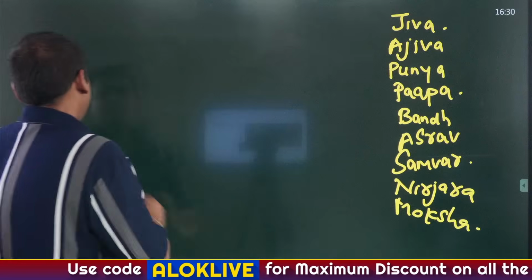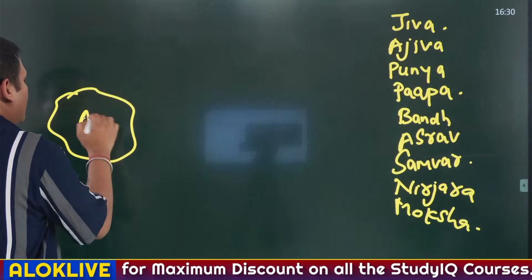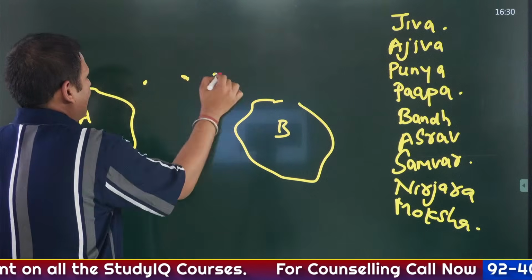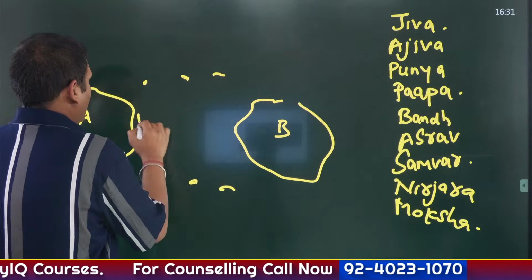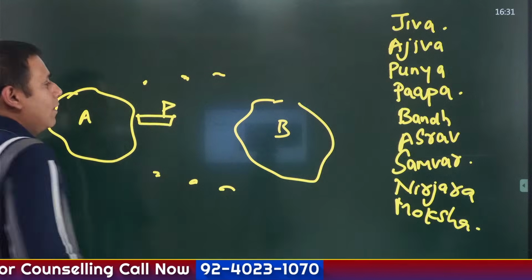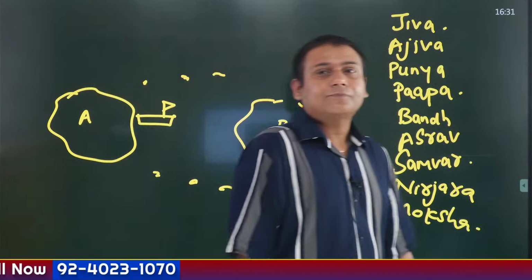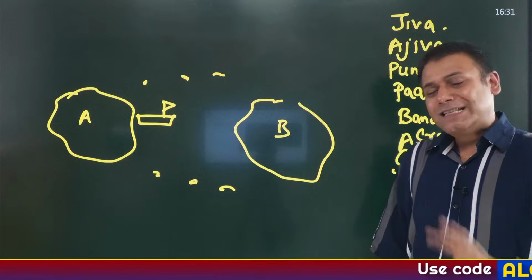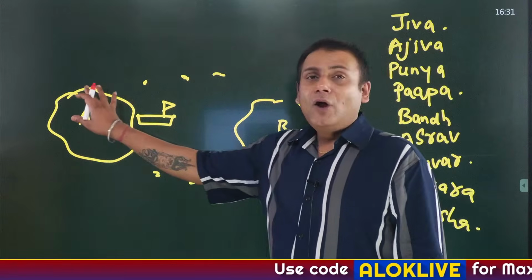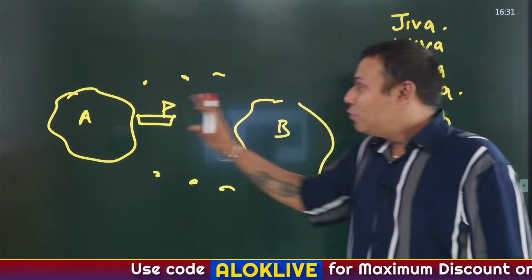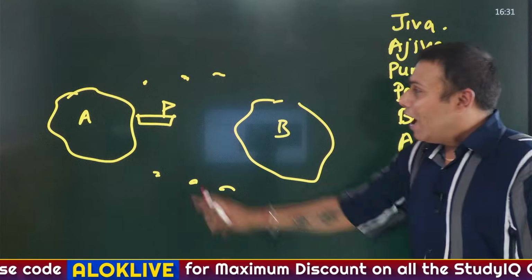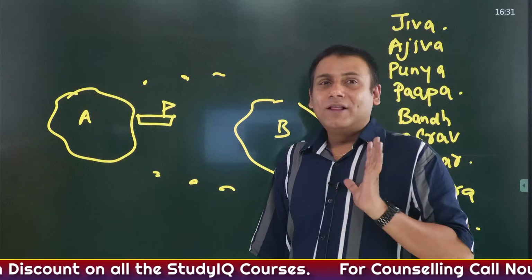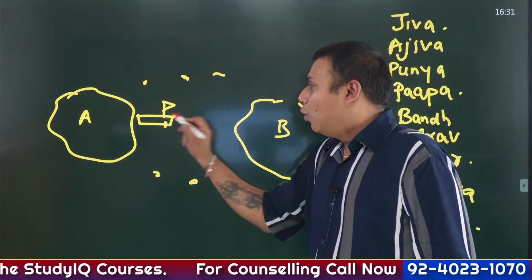Okay, I'll explain them. See, just imagine, suppose you are on island A and you have to go to island B. You have a boat, and you have observed that in the boat there is a small hole.